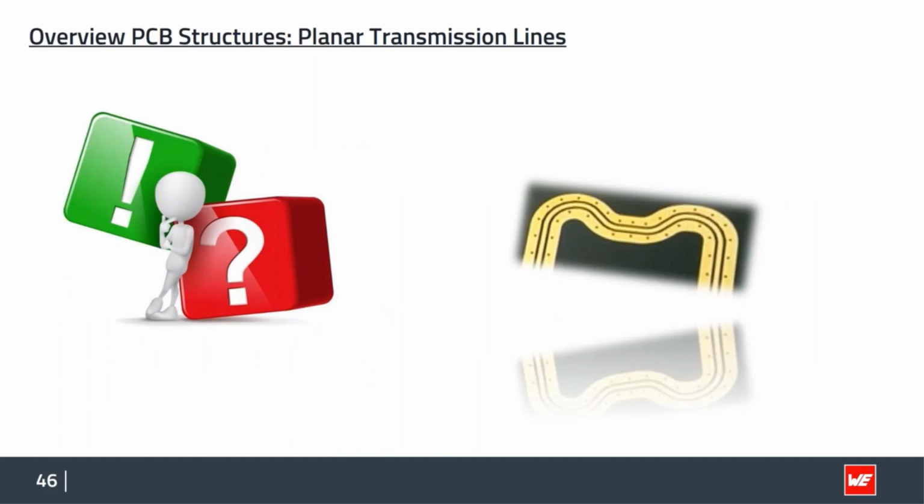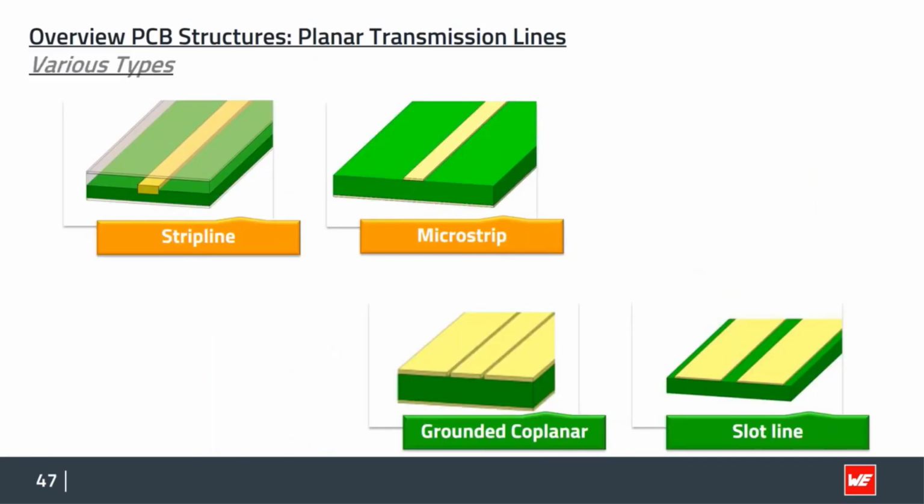So, planar transmission lines, what is typical? On the one side, strip lines, which consist of a ground plane on top and a ground plane on bottom, and in between the transmission line is embedded in the PCB, which is very good to avoid radiation, of course.